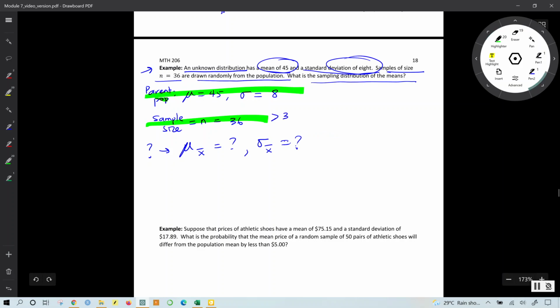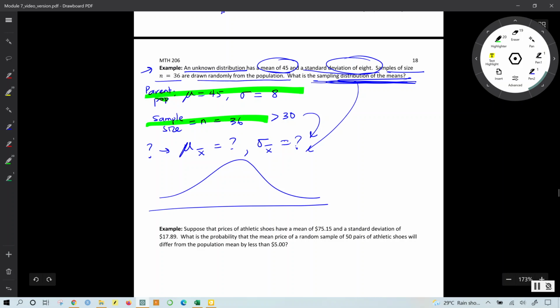Since the sample size is at least 30, I can conclude that the sampling distribution of the means will still have a normal distribution, even though the parent population is not normal, and the mean of x bar will be exactly the same as the parent population. However, the standard error will be the standard deviation 8 divided by the square root of n. That will be 8 divided by the square root of 36, same as 8 over 6, which is equal to 1.33333.